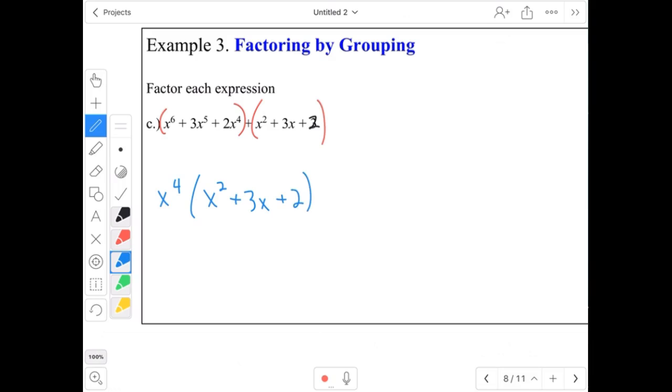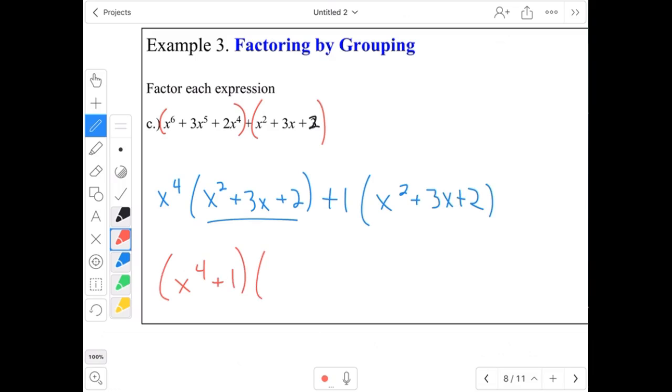Then that's what I have in the second group, the x squared plus 3x plus 2. So we're just going to take out a 1, and that's not going to change anything. So we'll have x squared plus 3x plus 2 again, and then we will have x to the fourth plus 1 as a factor, and then that x squared plus 3x plus 2.